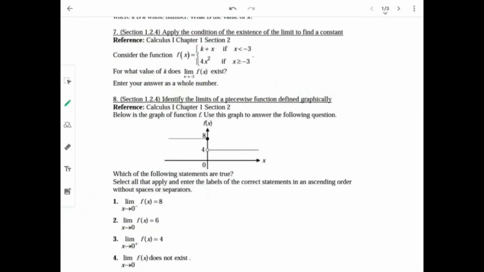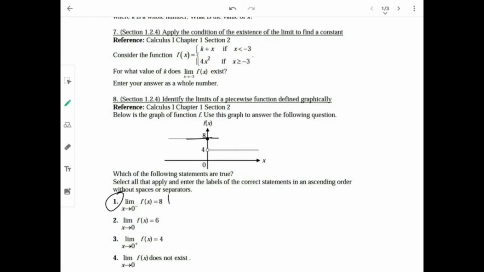So for question 8, they gave you a graph and they ask you to find the limits. This one is very easy because you can actually see what's going on. So let's go one by one. Limit as x approaches 0 from the left is equal to 8 because this is the left. So this is correct. Now limit as x approaches 0 doesn't say from left or right, which means of the graph itself.